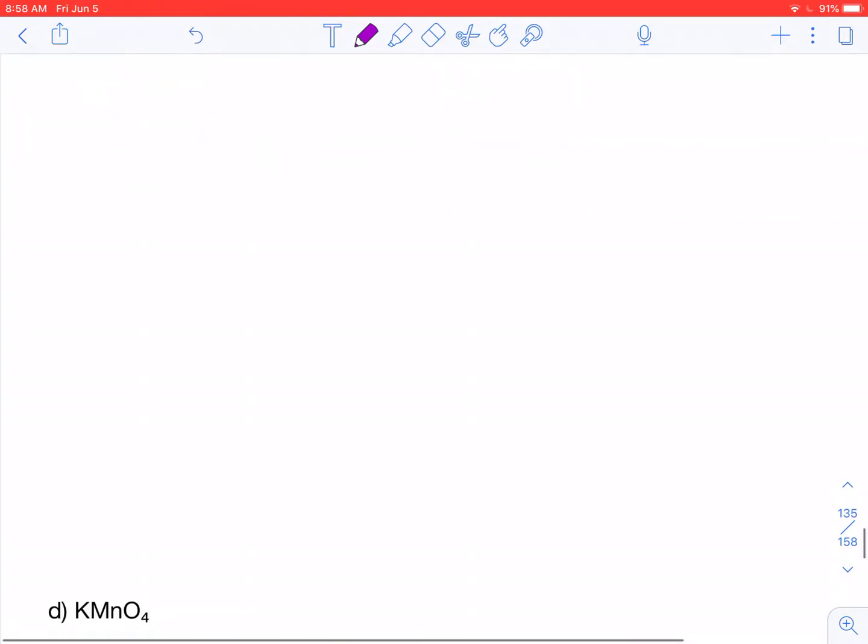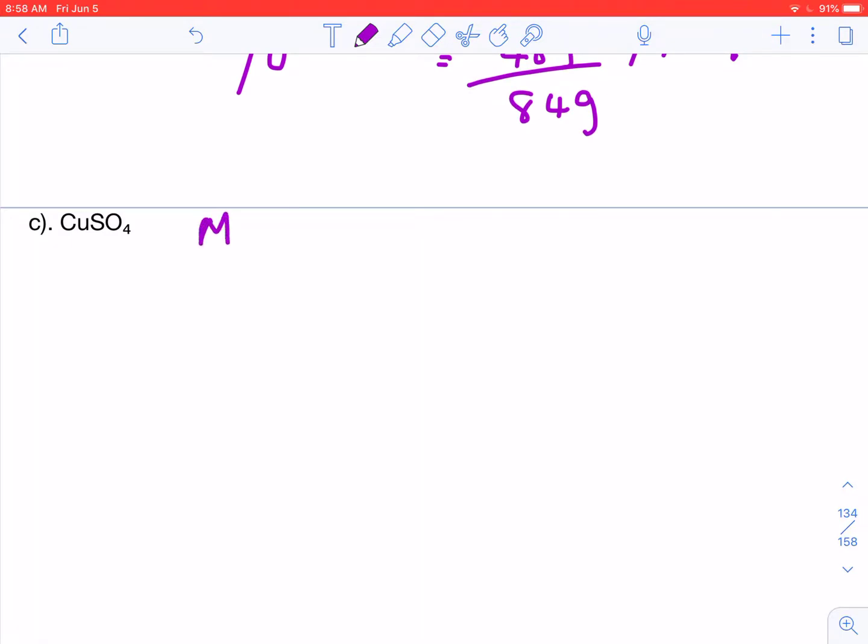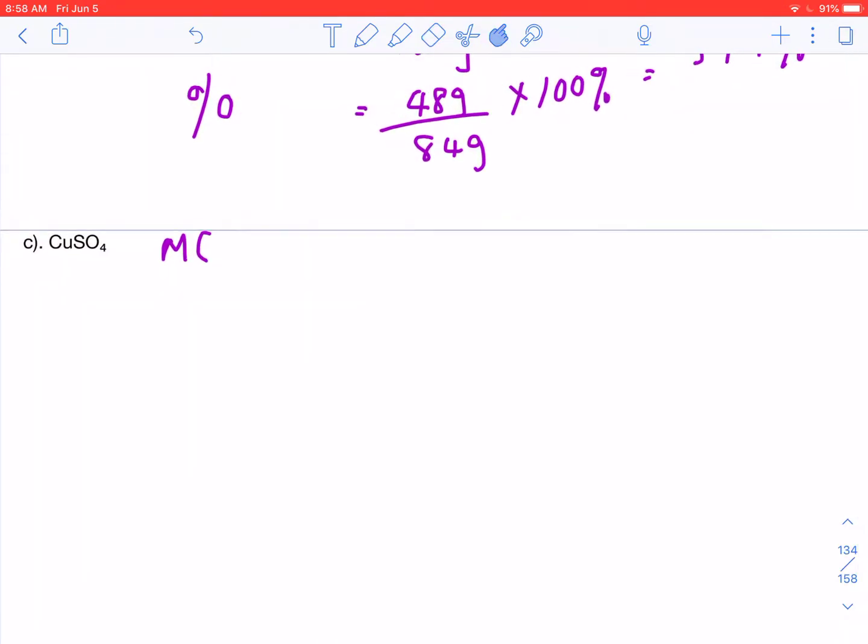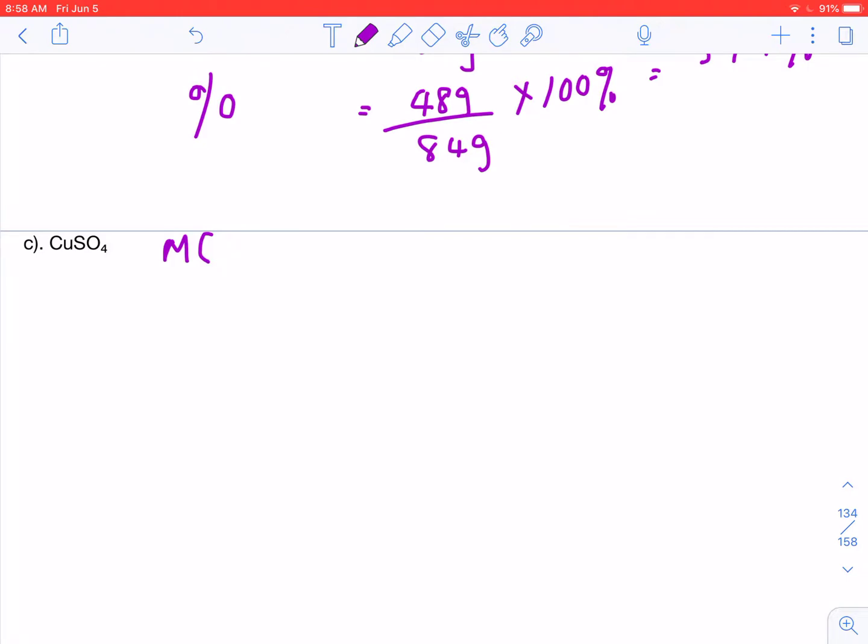The molar mass M of CuSO4 is equal to, we break this up, 1 mole of Cu, plus 1 of S, plus 4 of oxygen. Isn't it so?